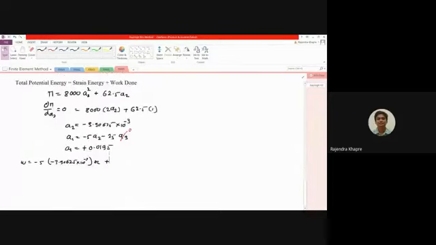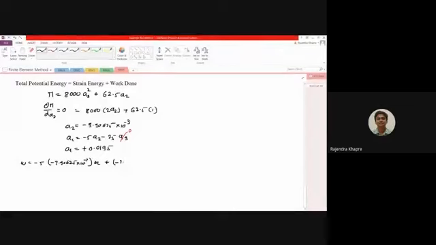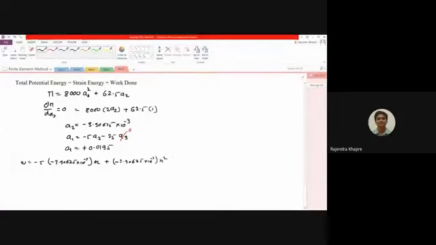So your A2 value is still the same, so this is minus 3.90625 into 10 to the power minus 3 into x square. So this is the expression for the deformation.